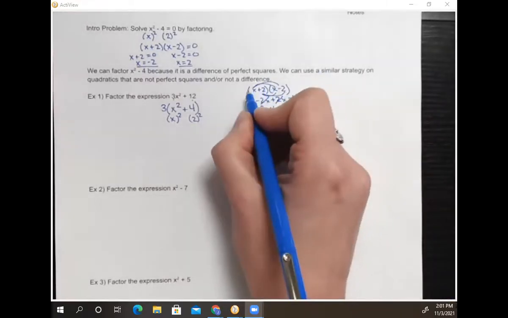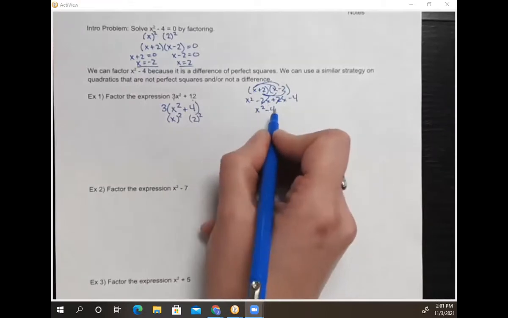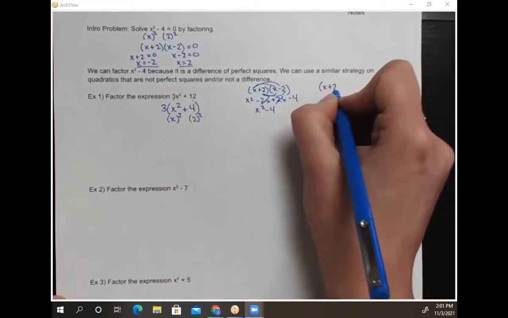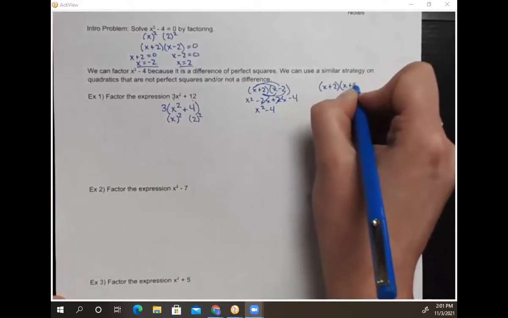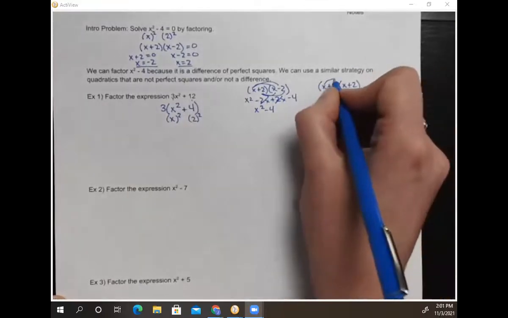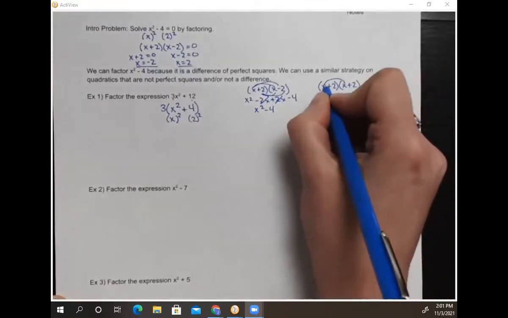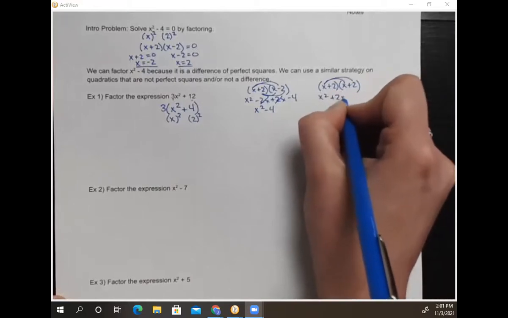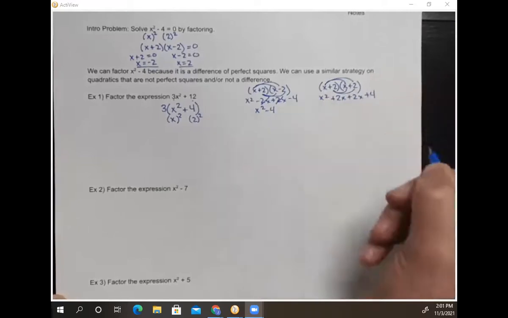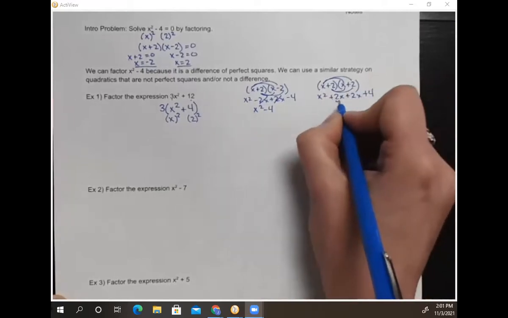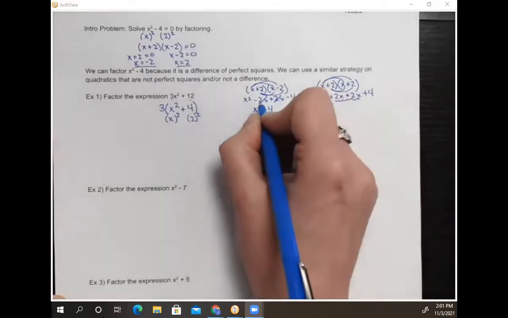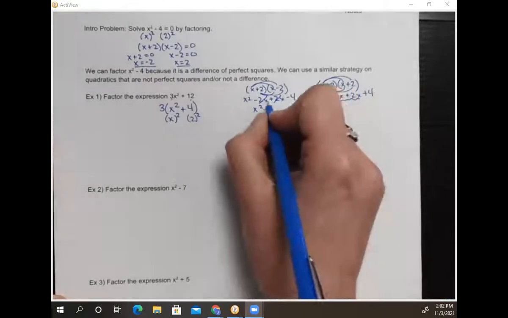So I can't factor it exactly the same way because I won't get x squared plus 4. Now, if I tried x plus 2 times x plus 2, maybe since it's plus, I want two positives. Let's give that a shot. That would give me x squared plus 2x plus 2x plus 4. Now, in this case, I get plus 4, but my middle terms here, my x terms, don't cancel. They don't reduce out to 0 the way they did before.